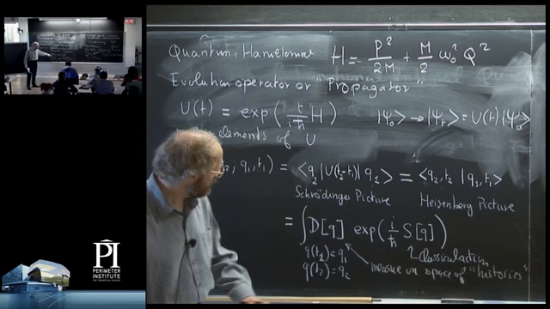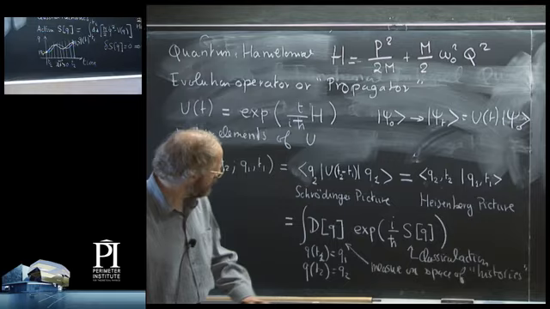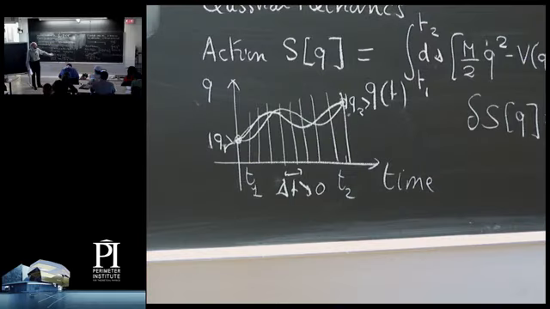I hope you have seen that this measure is defined by cutting the trajectory into small pieces of time and discretizing the system, assuming that the particle propagates like that, and then taking the limit when the interval of time goes to 0. That's a precise way to define this sum and what the measure is. So I won't discuss that more at this time, but it's very important to keep that in mind. So that's what you have seen.